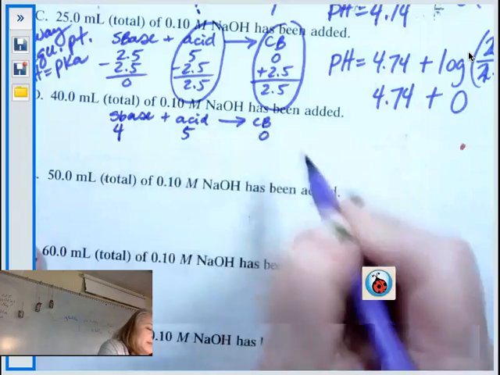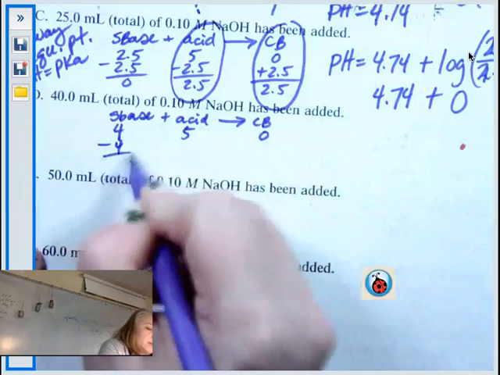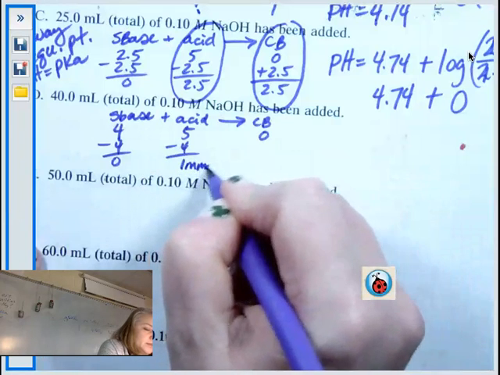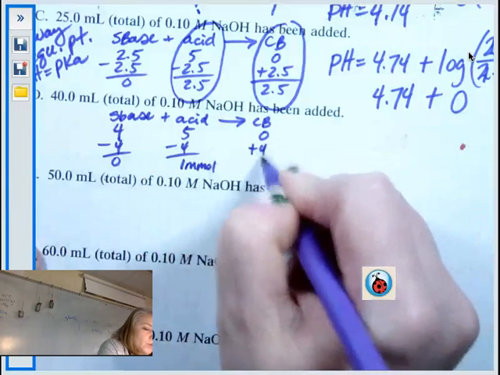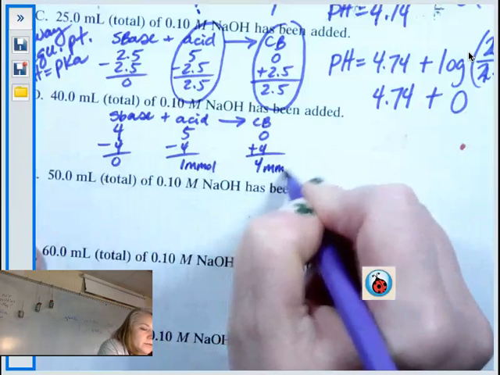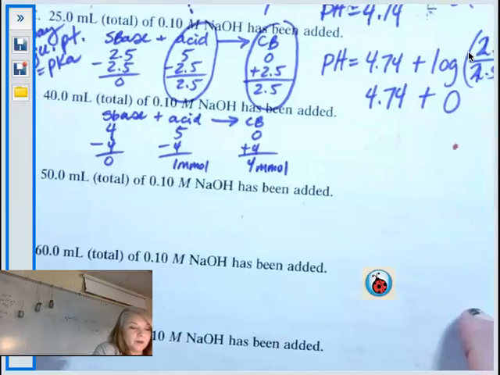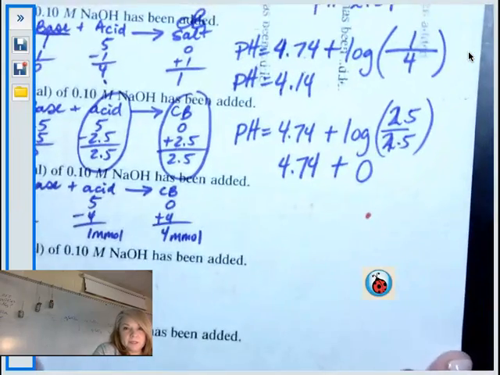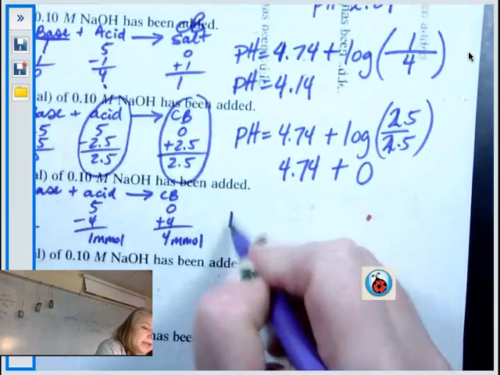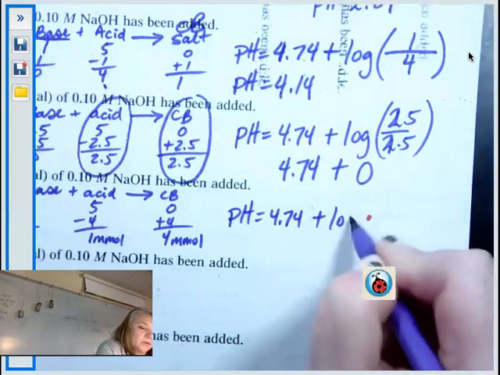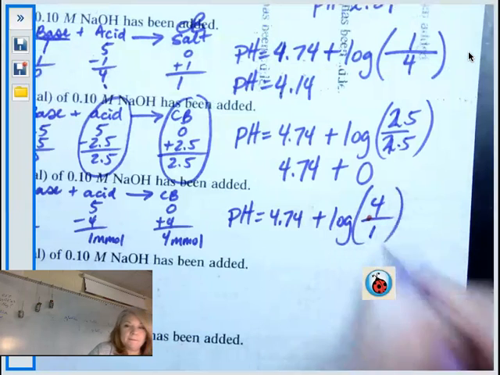Conjugate base 0, so all the strong base is gone. 1 millimole of the acid and 4 millimoles of the base. So this looks just like B, except the log part is flipped. So pH equals 4.74 plus the log of 4/1.